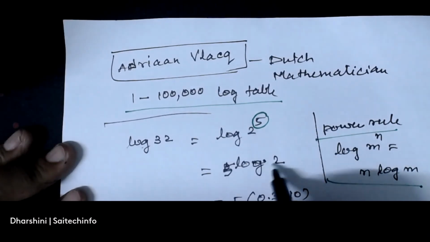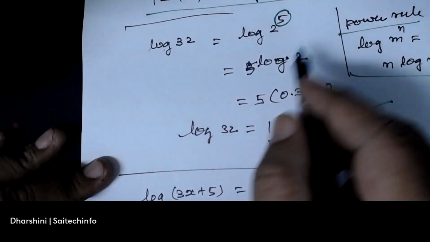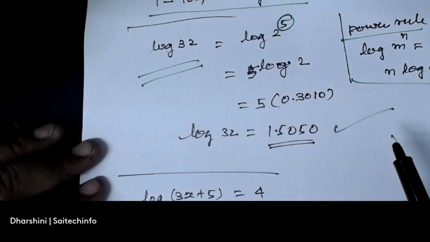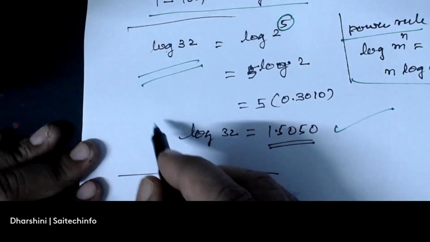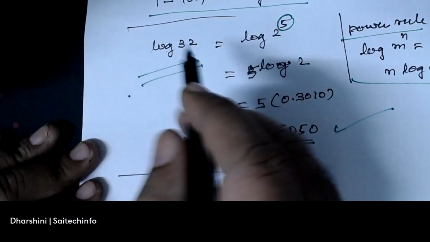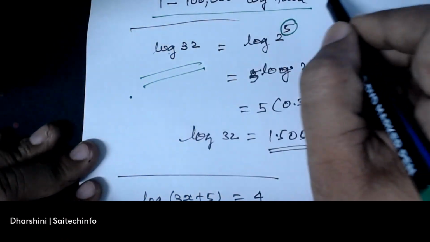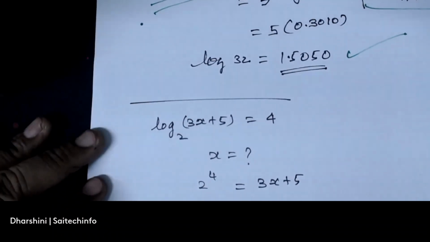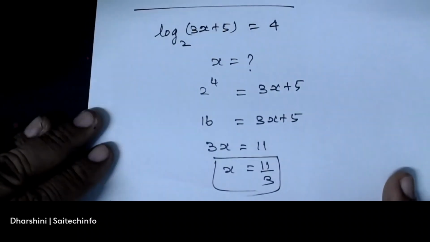So 5 into log 2, and 5 into 0.3010, that is log 32. So with the known value from the log table we can find the unknown values of logarithmic terms, and in fact a table has already been organized by the Dutch mathematician. You can also do that. In your log table you would have got those values, right?